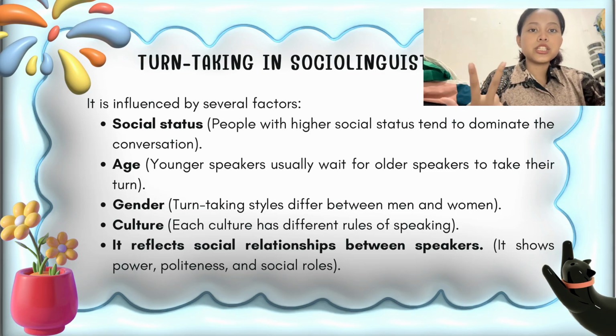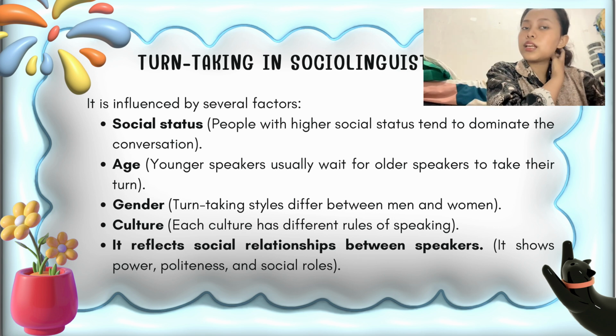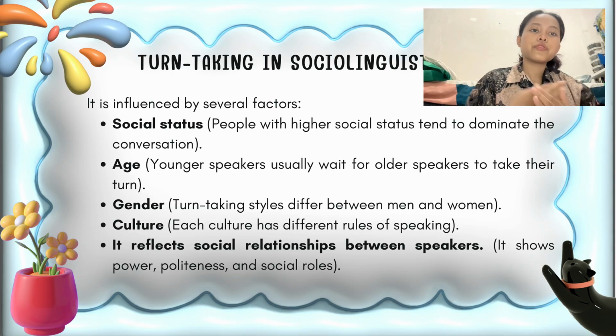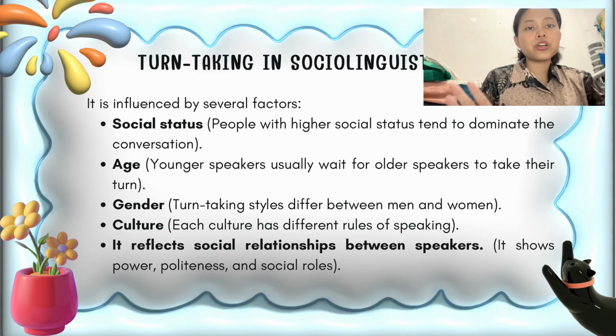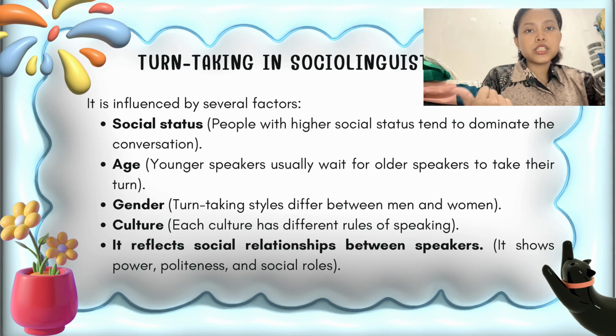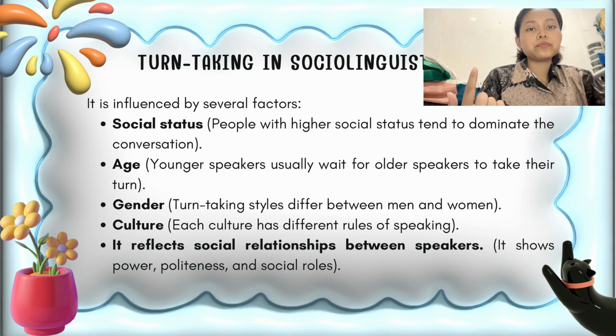And the third is gender. Turn-taking style can be different between a man and a woman. The last factor is culture. Each culture has different rules of speaking. Because of these factors, turn-taking reflects social relationships between speakers, such as power, politeness, and social rules.